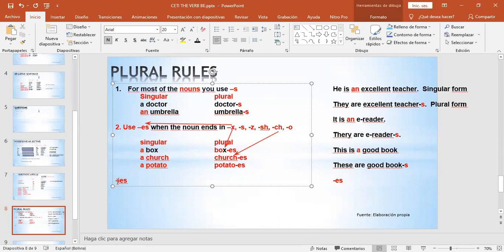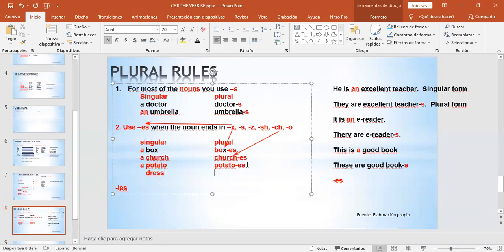What about rule 3? Well, in rule 2, what you have to do is focus on whether it ends in X, S, Z, SH, CH, or O, and you add ES. Like dress, for example. Singular is dress.